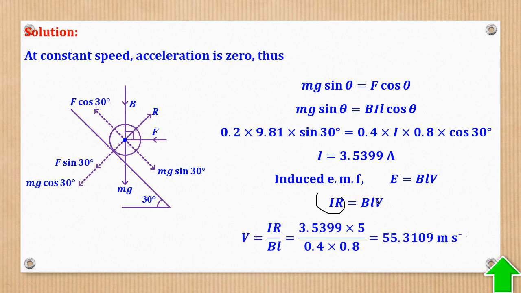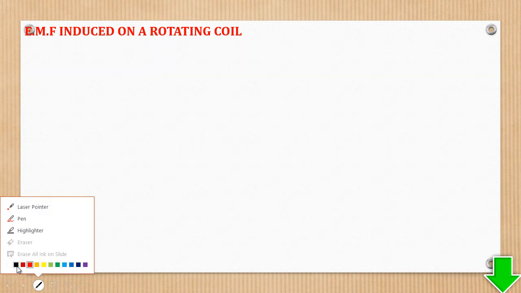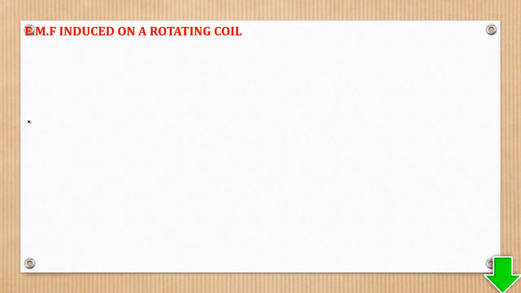That means I can make V the subject to give me the velocity I want. So that has been the EMF induced in a moving straight conductor.